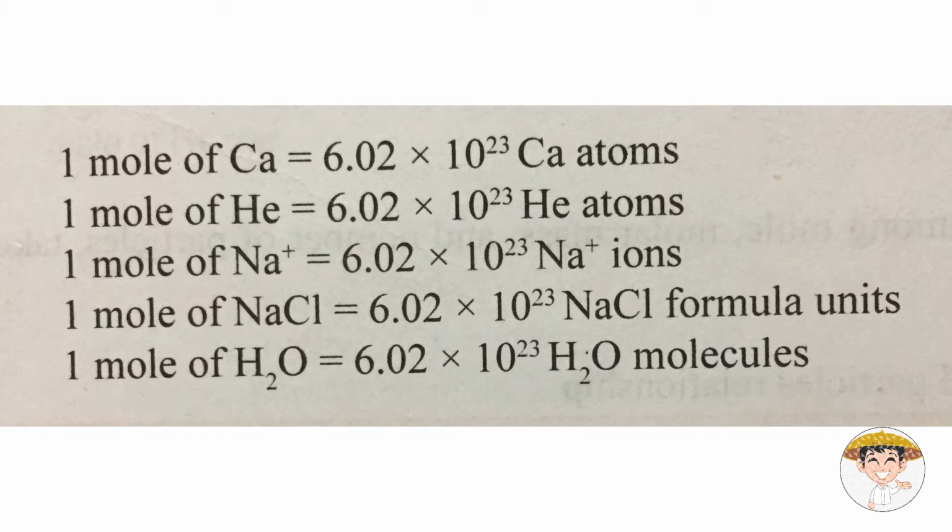So 1 mole of any substance contains, again, 6.02 times 10 raised to 23 particles, which is the same as the number of atoms in 12 grams of carbon 12. Therefore, 1 mole of calcium contains the same number of atoms as 1 mole of helium. Again, 1 mole of sodium ions contains the same number of particles as 1 mole of H2O. They all have 1 mole. So when there is 1 mole, they have 6.02 times 10 raised to 23 particles or atoms or ions.